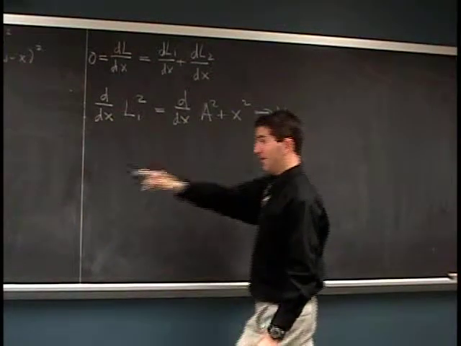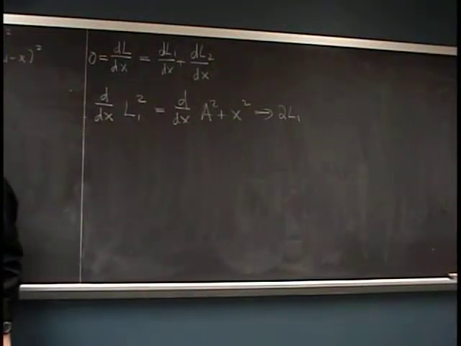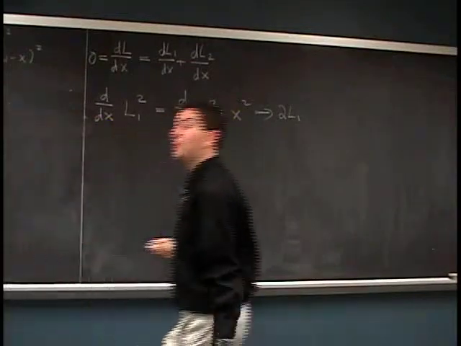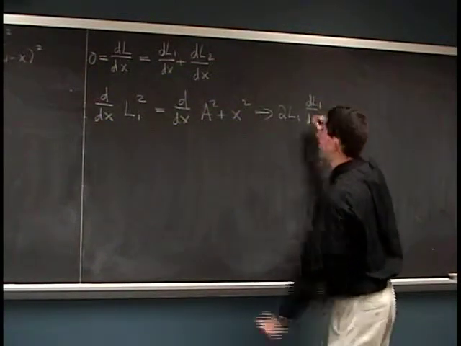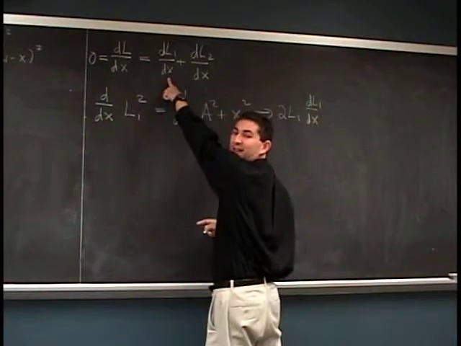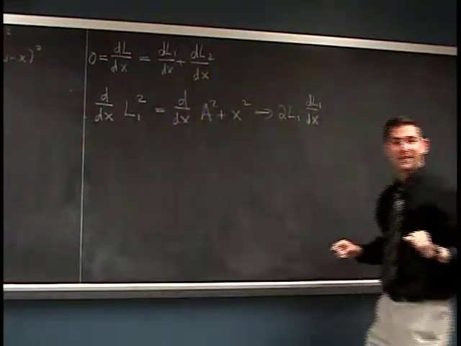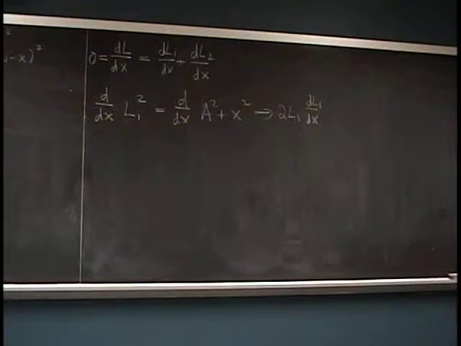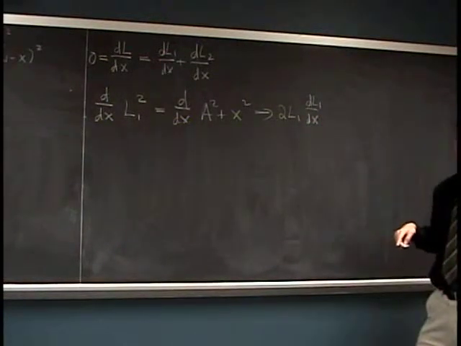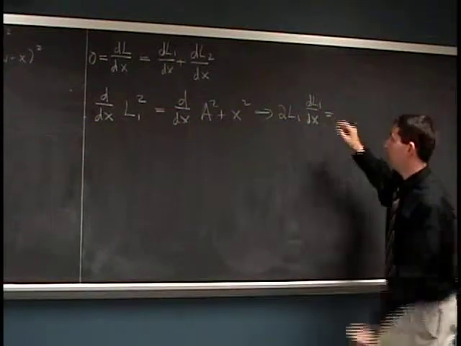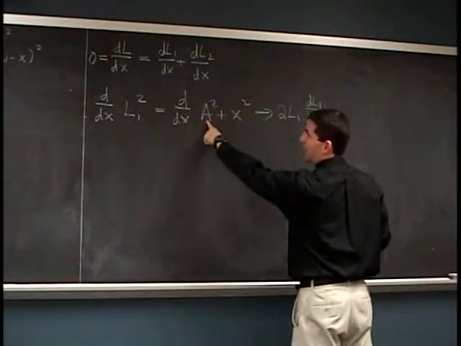L1 is a function of where I put the power plant, L1 over x, which is good because I need to get some formula that has dL1 in it. So I have 2L1 times dL1 dx, equals, well now the other side, of a squared.